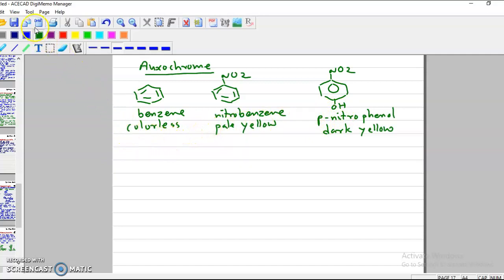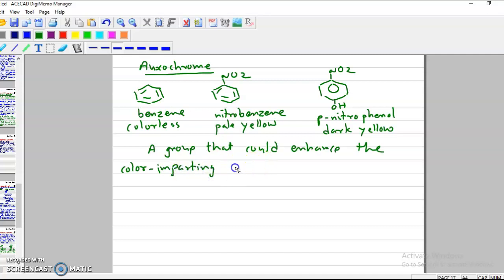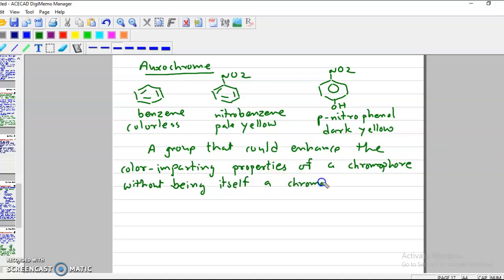Okay. So, according to the old definition, a group that could enhance the color imparting properties of a chromophore without being itself a chromophore is known as auxochrome.